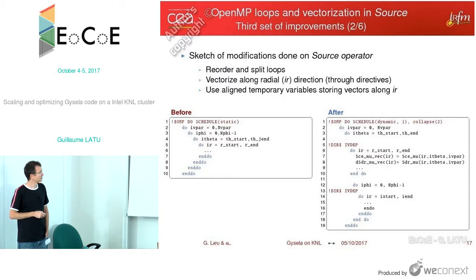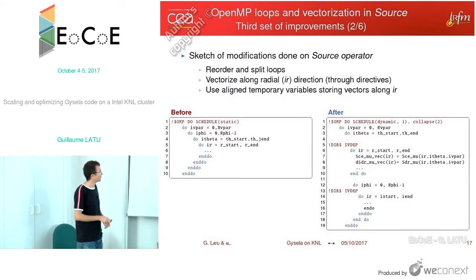Within the last loop, we have a directive that says the compiler should vectorize. So typically here we have loop splitting: we decompose the loop into small bunches so that the compiler can vectorize well on a very small bunch of instructions.